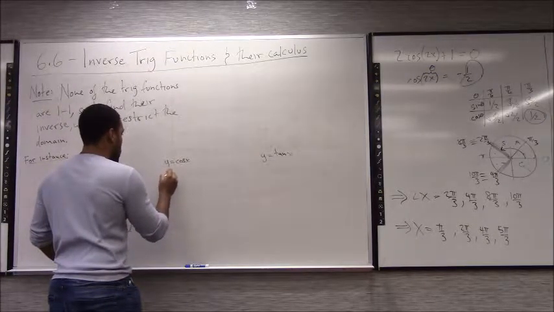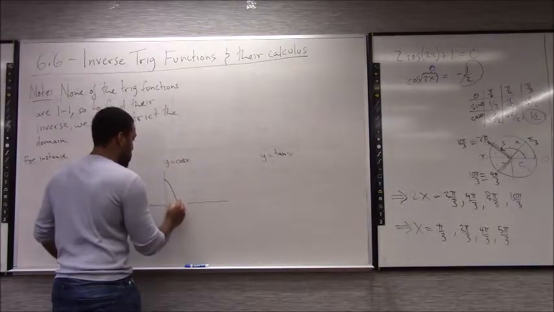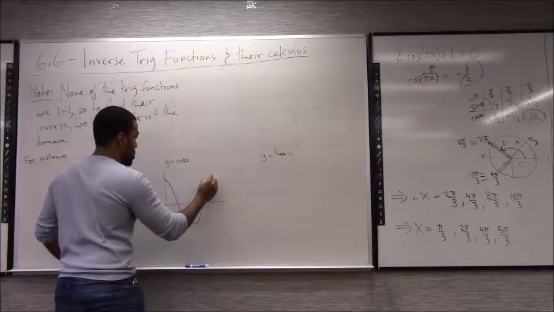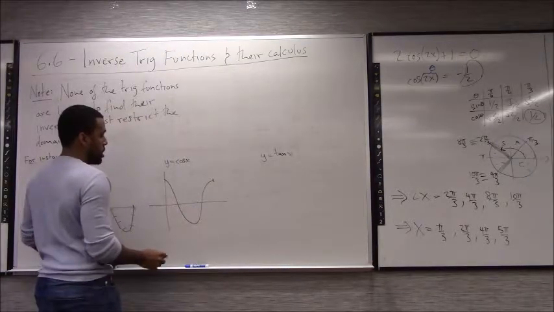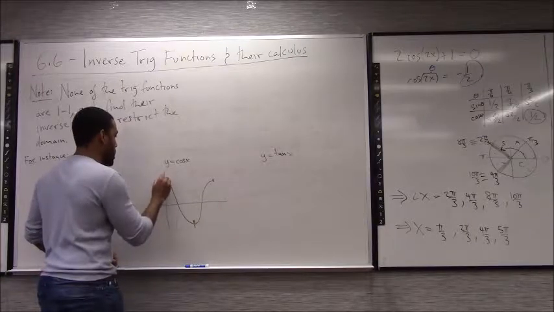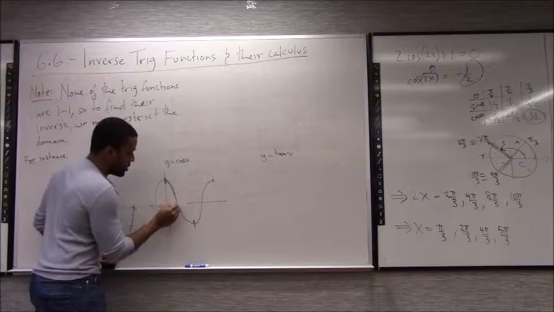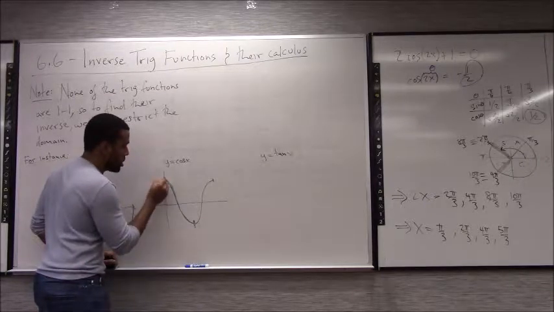For cosine, we restrict things a little differently. This one starts at the top and then goes here and then goes here. And we actually cut it off here, between 0 and pi. So this part of the graph is what's important to us when developing the inverse function.